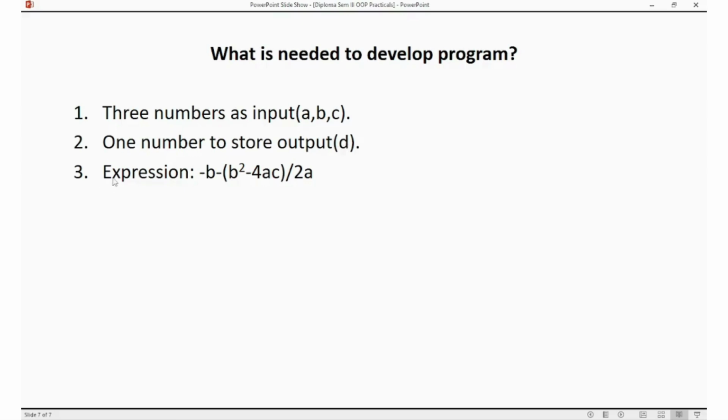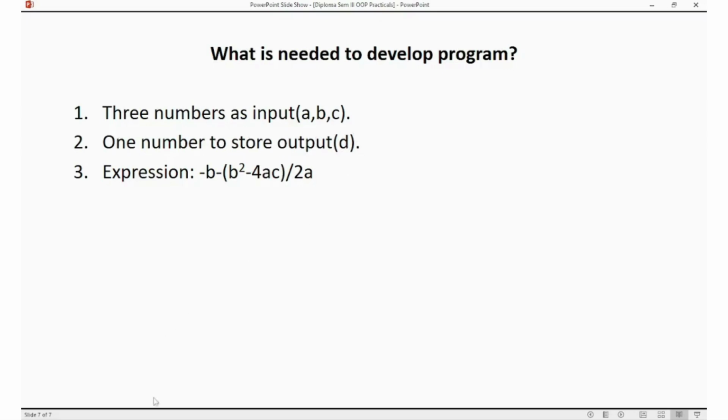Third point is the expression given in your question, minus b minus, in brackets b square minus 4ac, bracket complete, divided by 2a. You just have to take these numbers as input, then put this expression in your formula, and the generated output will be printed to the screen.